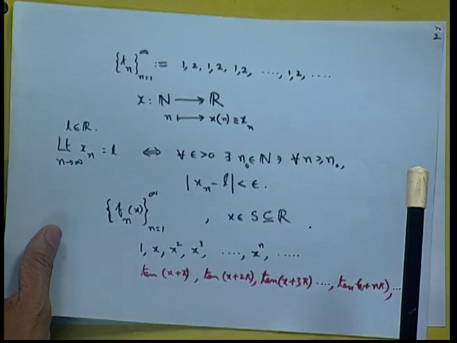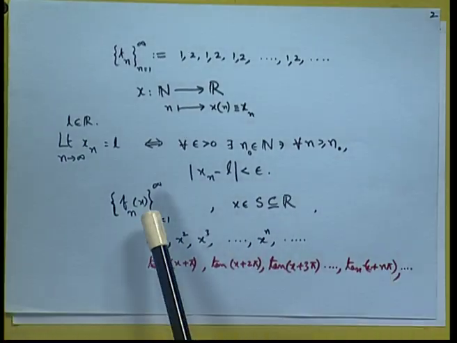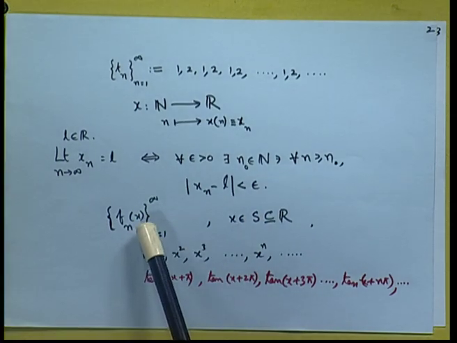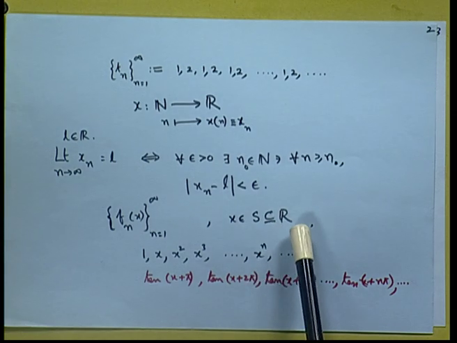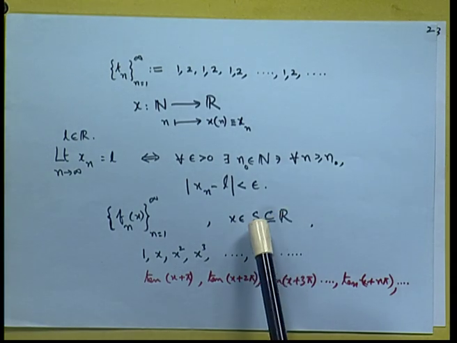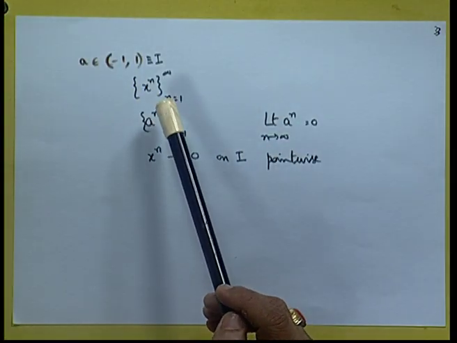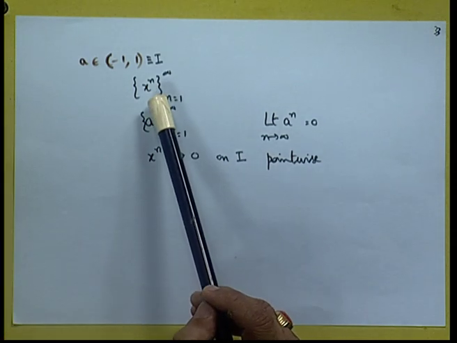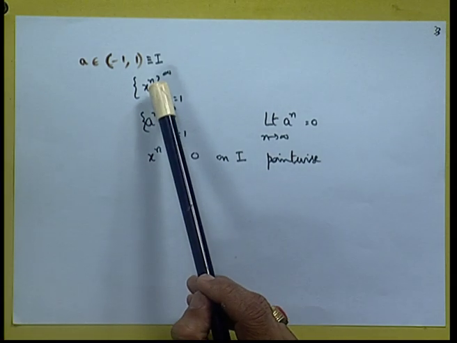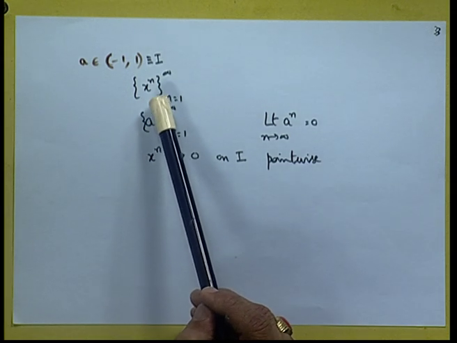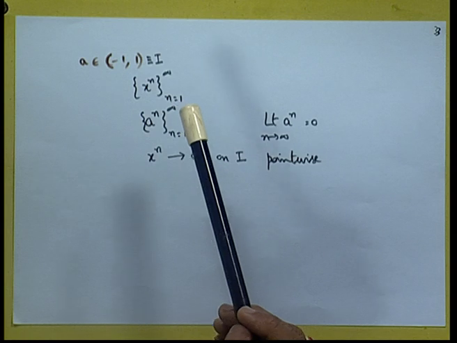We want to define the convergence of a sequence of real valued functions. So, in this, the point x varies over a domain S, where S is a non-empty subset of R, and in that set S, let us take a particular point small a. For example, if we take the function sequence to be x power n, that is, our fn(x) is x power n, a geometric sequence of functions.